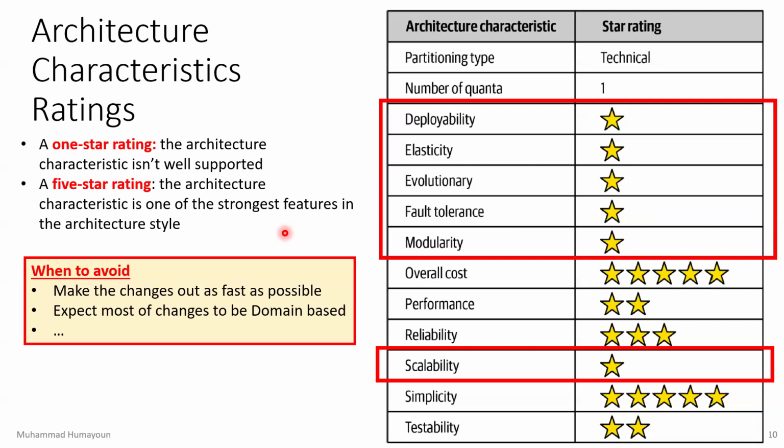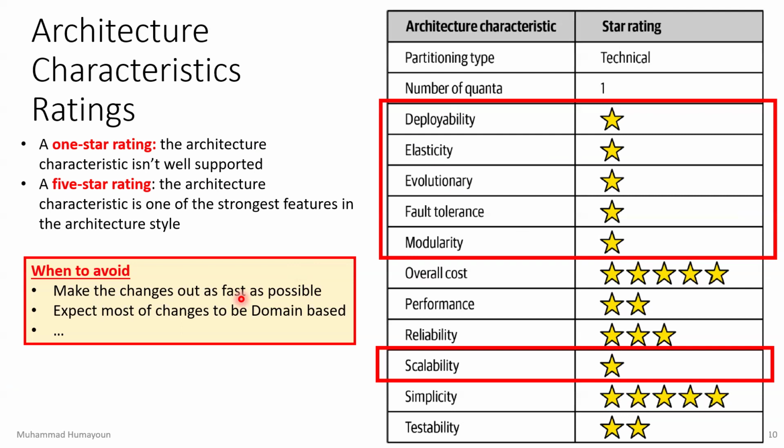So when to avoid layered architecture? When you expect that there will be a lot of fast changes expected from you, so the features and things are not finalized. Then you should avoid layered architecture.